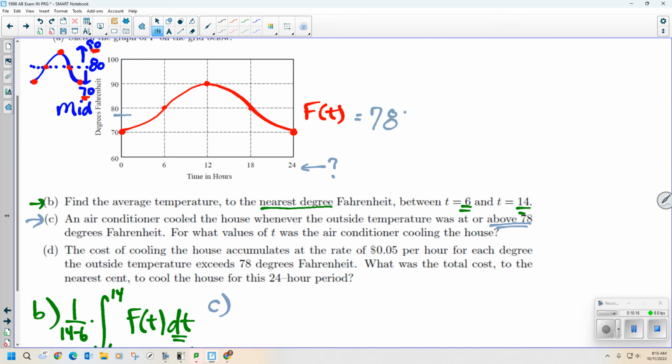So right about here is 78 degrees. I've got to figure out what values these are.